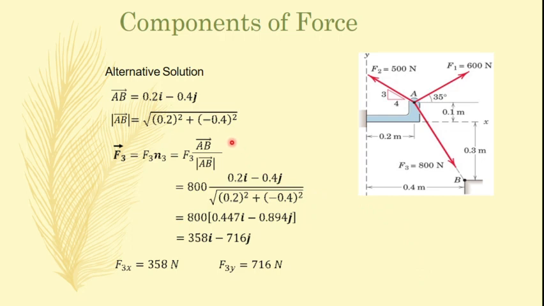Now for this F3 we can write the position vector in this way, that is, we know to find out the position vector if we know the coordinate. Here we write the coordinate.